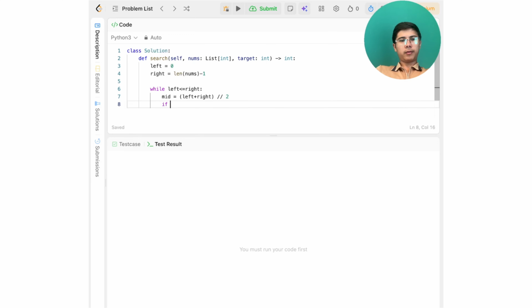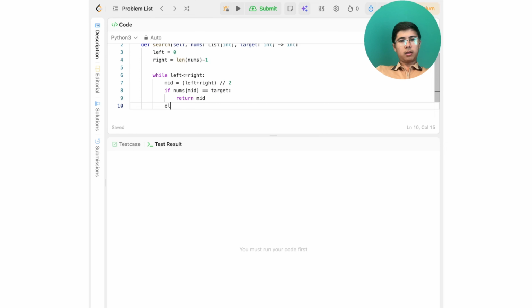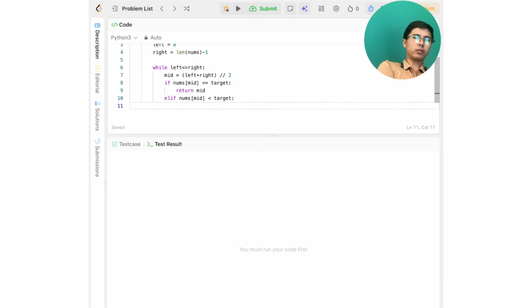If nums at the middle index is exactly equal to target, we just need to return mid. In the other case, if nums at the middle index is less than target, we go right.